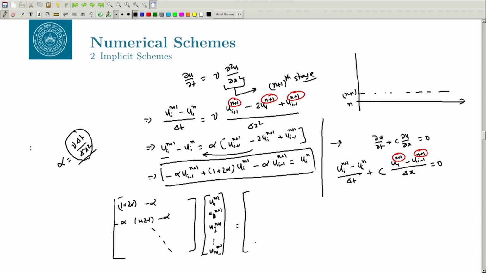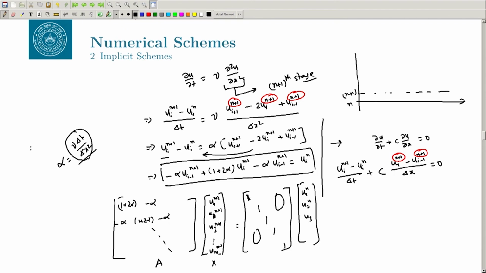And this will multiply, let us say this is A x, and the right hand side is another matrix multiplying u 1 n, u 2 n, u 3 n. So, in this case it is an identity matrix.